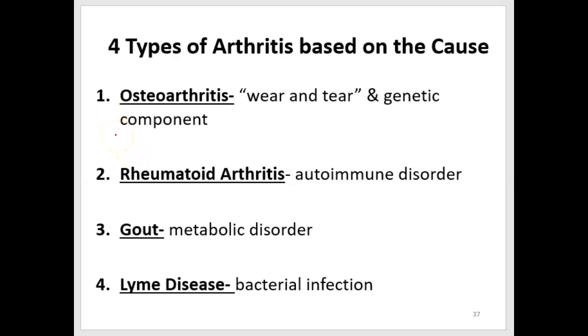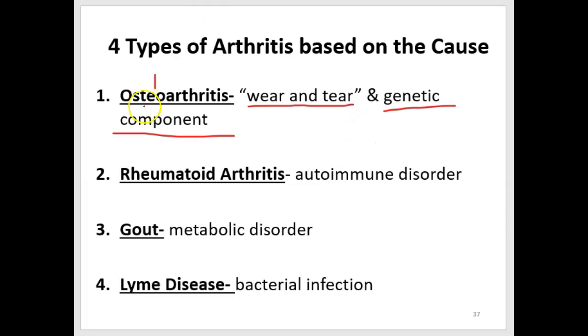So the one that's wear and tear we call osteoarthritis. Now, just because I say wear and tear, it doesn't mean that there can't be underlying factors that make it more likely somebody's going to get arthritis in their knees or in their fingers or whatever. There seems to be a genetic component, so that in families we see a tendency more towards getting arthritis versus not, even just with routine use of a joint.